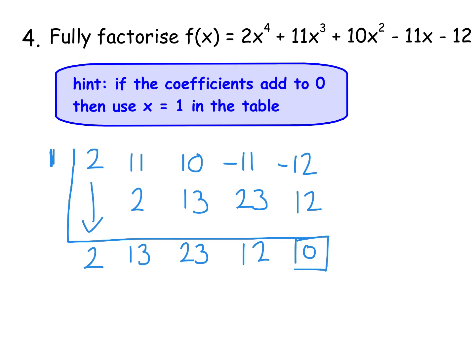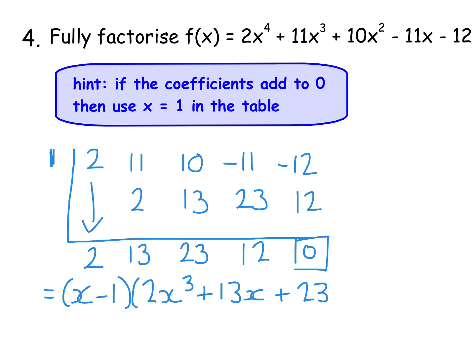Right? So what we've got from there is we have that our first factor was x take away 1, because it's the opposite of what you've put in. Remember, if you've put positive 1 in the table, it becomes minus 1 when you put it into the bracket. Now your quotient would be 2x cubed plus 13x squared plus 23x plus 12.